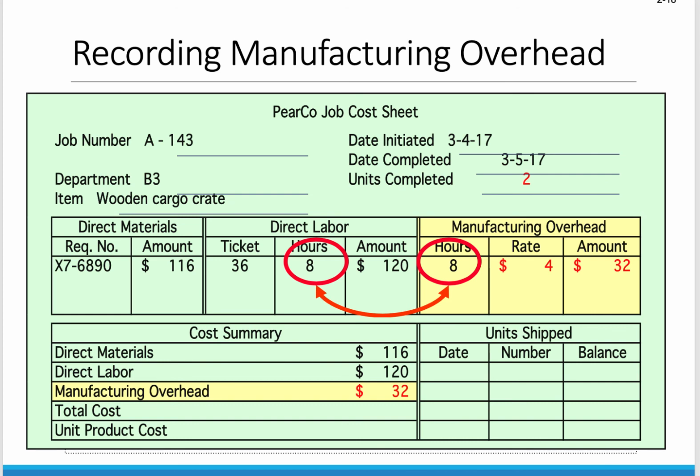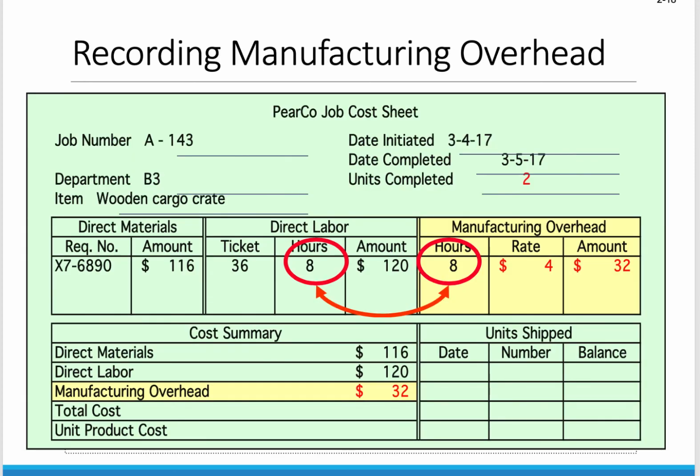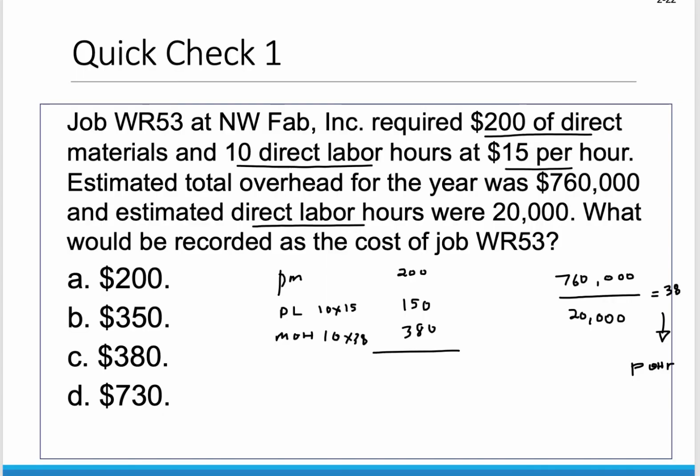We're predetermining the rate, so we have to use estimates, but when we're applying it, we're using actual drivers. That's the real takeaway.